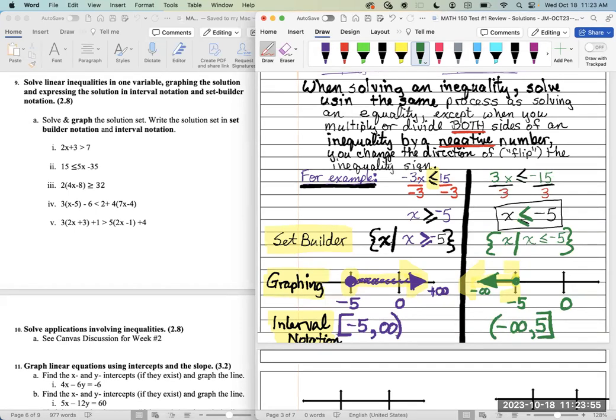When solving an inequality, solve using the same process as solving the equality, except when you multiply or divide both sides of an inequality by a negative number, you change the direction or flip the inequality sign. We're supposed to show set builder notation, graphing notation, and interval notation. I'll demonstrate all three.